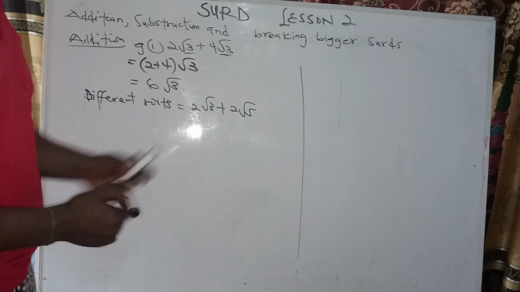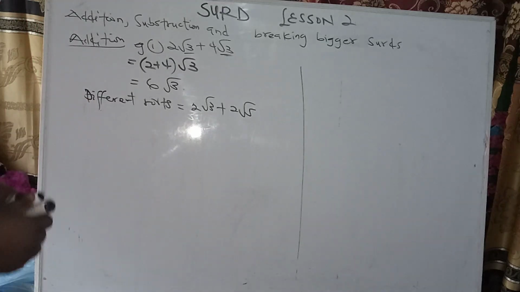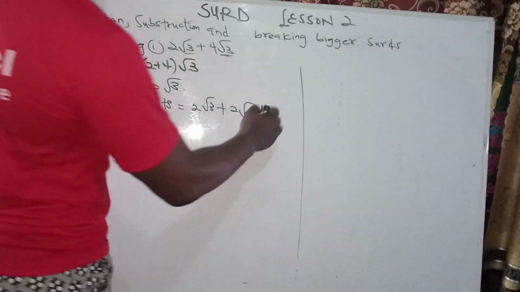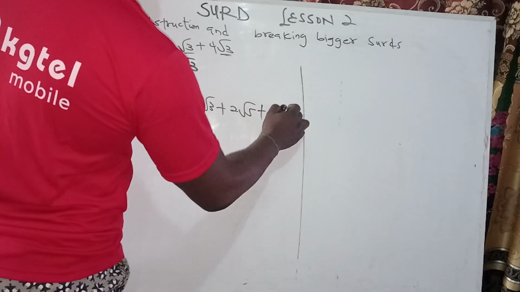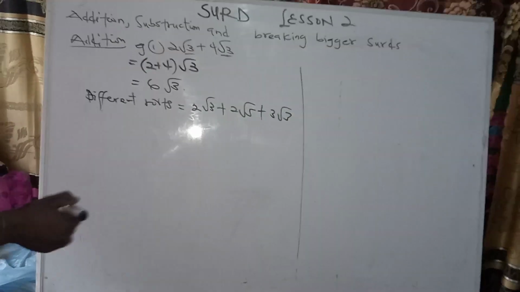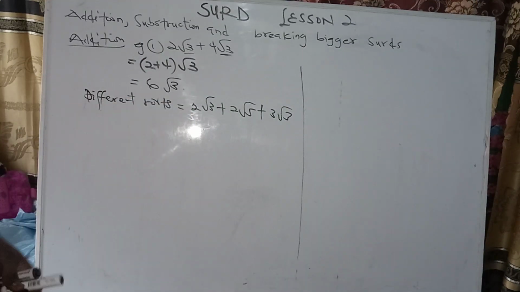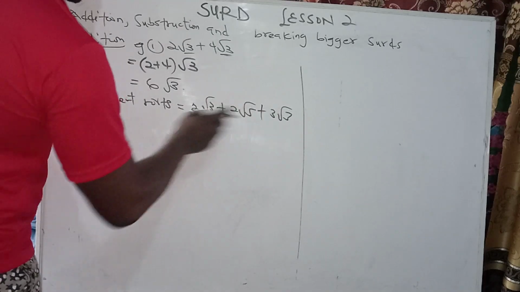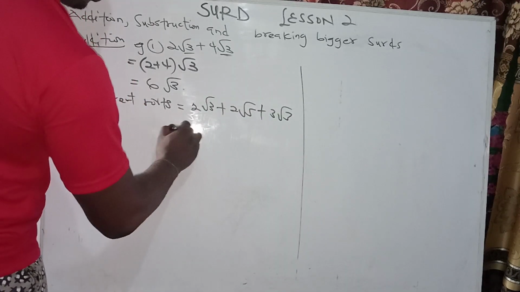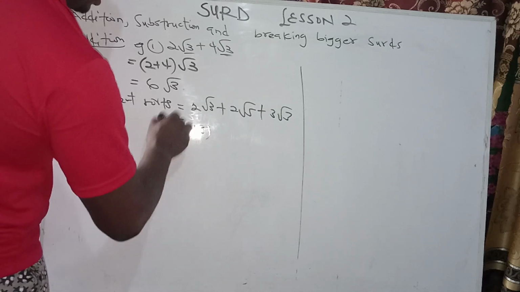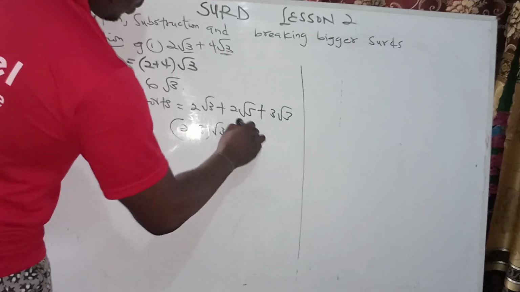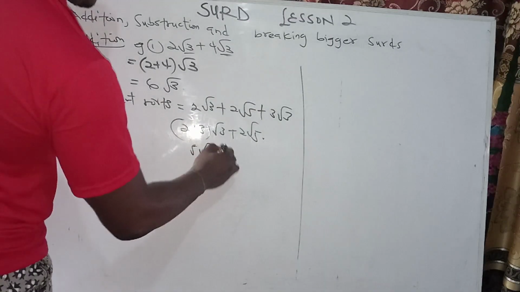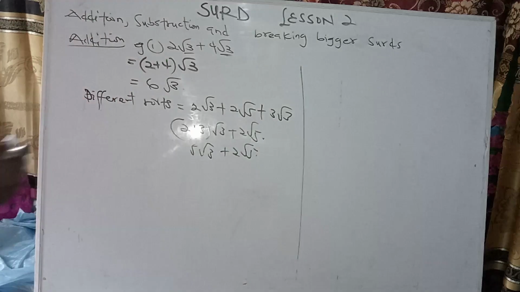So the answer is still the question. But when we have another thing adding to it, maybe we have 3 root 3, here we can group items and do the necessary solving. So the root 3 is here. So 2 plus 3, root 3 plus 2 root 5. So now we have 5 root 3 plus 2 root 5.